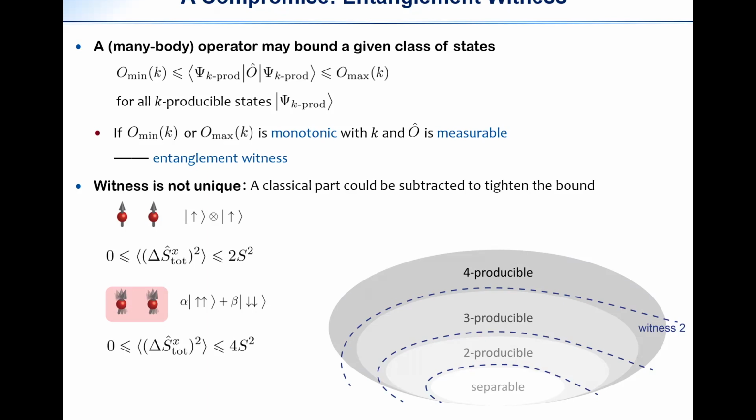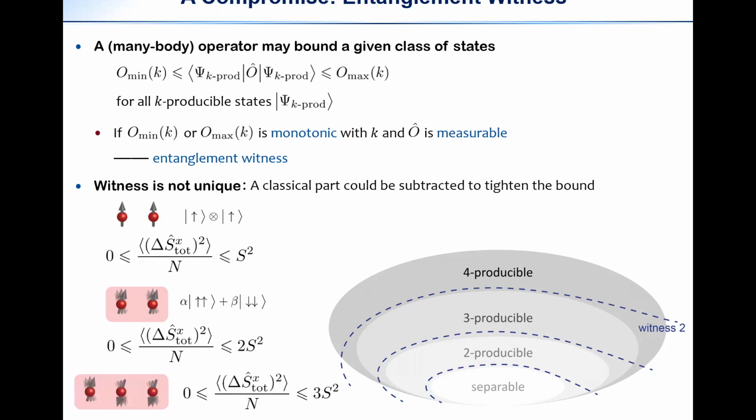So if you measure the total spin squared and it ends up between 2S squared and 4S squared, you know that this has to be an entangled state, not a classical state. That's the idea of the entanglement witness. You can normalize by the number of spins, and you can convince yourself that if you keep increasing the irreducible blocks of entanglement, you will get higher and higher bounds. So the total spin is a good quantity that can indicate the entanglement depth in the spin system.